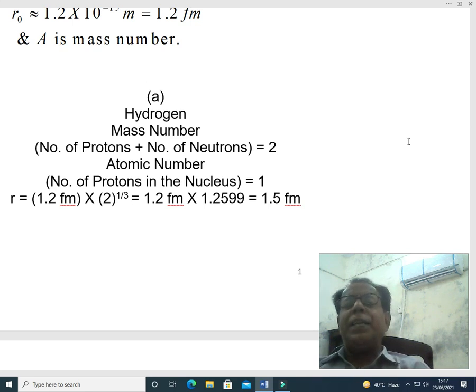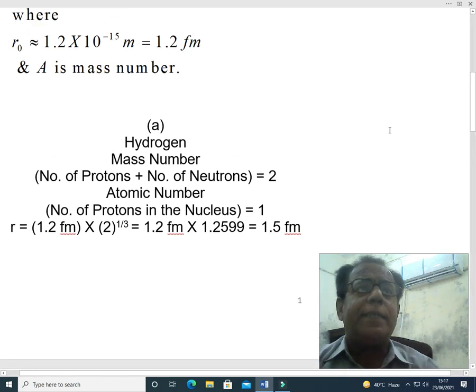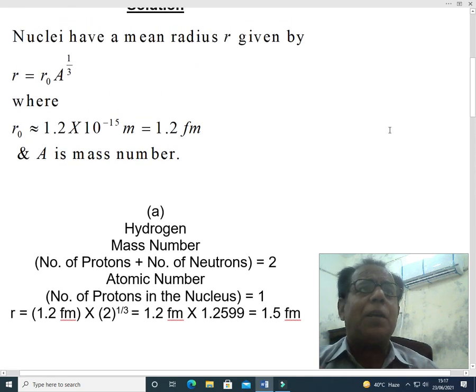Anyhow, this is a separate discussion. We are dealing with part A of our problem, which is about hydrogen, which has mass number 2 and atomic number 1. Here we apply the same formula which we have discussed above.